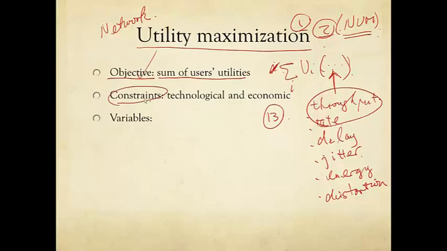There can be all kinds of constraints. Technological constraints. For example, a router cannot support both a large number of degrees and a large amount of bandwidth per degree. It could be economic constraints. For example, I'm not willing to pay a certain cost in order to provide that much bandwidth supply. And by the way, when we talk about the word bandwidth, we often actually mean capacity in bits per second, rather than the width of the frequency band being used.